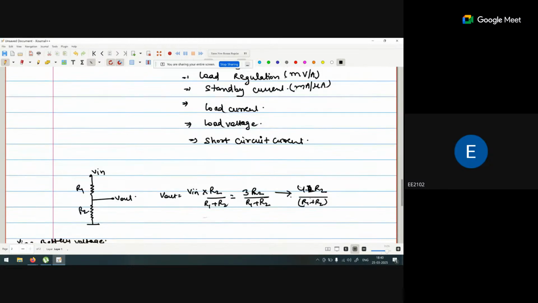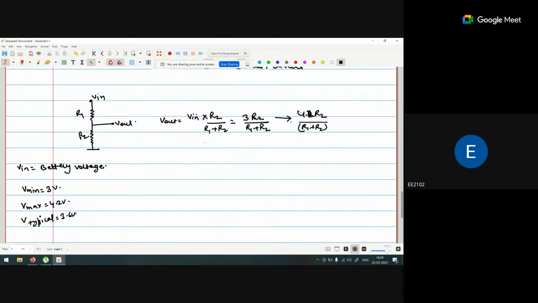Okay. Now if we know the values of R1 and R2, for example R1 is 160 kilo and R2 is 150, then R2 upon R1 plus R2 is equal to 140 divided by 3.